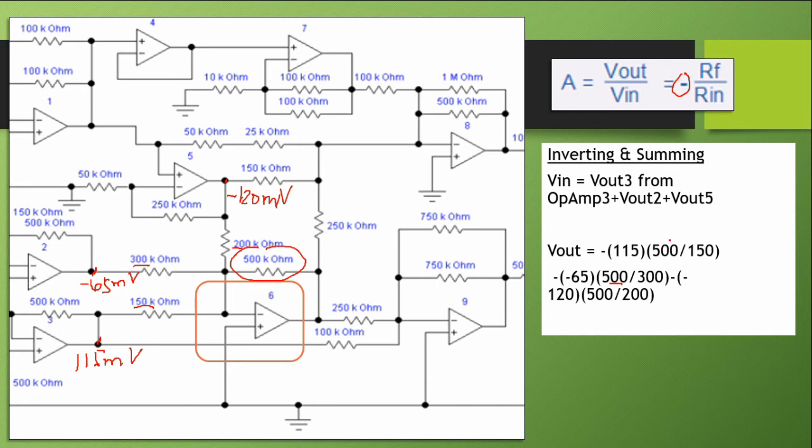And then calculating this, the total is 25 millivolts. So our output here is 25 millivolts. Don't be confused by this resistor. No current is flowing here, and this is connected to 0 volts. You can ignore this.